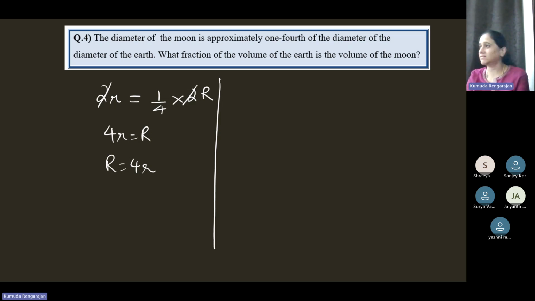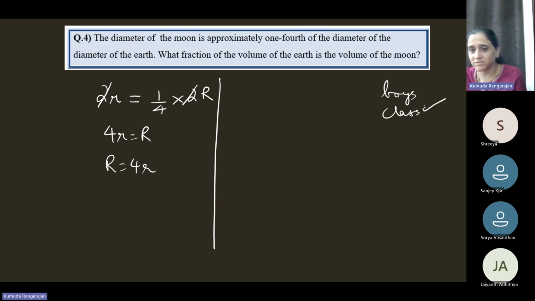In the same way here, it will be the volume of the moon by the volume of the earth. When it is boys and class, class is the full thing, right? Similarly, when it's boys and class, you write class in the denominator.